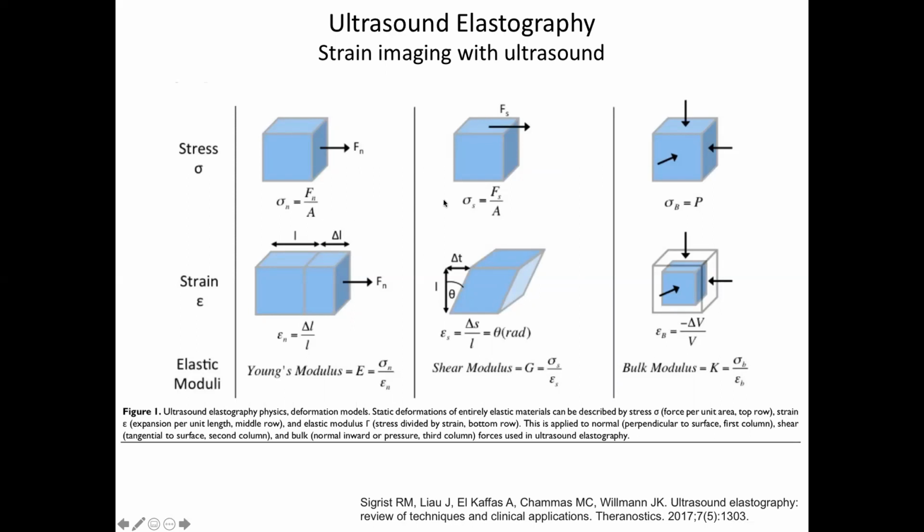Shear modulus is basically how the thing tips side to side. In this diagram, they're displacing the bottom and it's moving up towards the top, right? And then the bulk modulus is just compression, right?